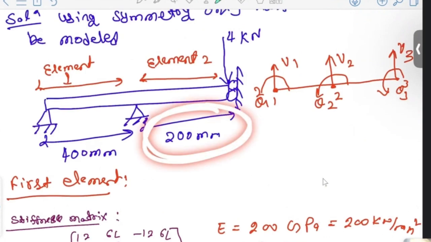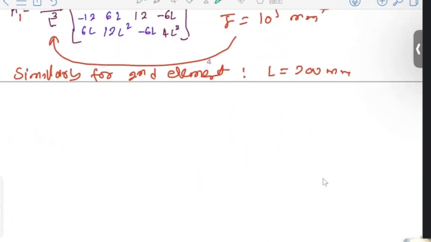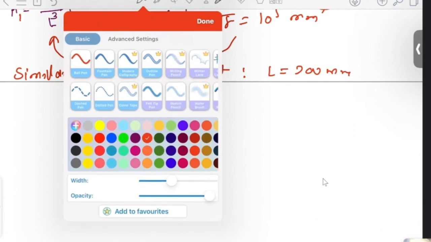So only the length will change, and the other things will be the same. Now we know that for the first element we are going to write the force equation. How are we going to write it for the first element?